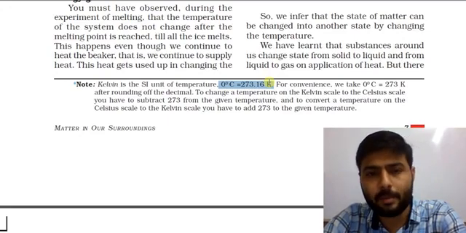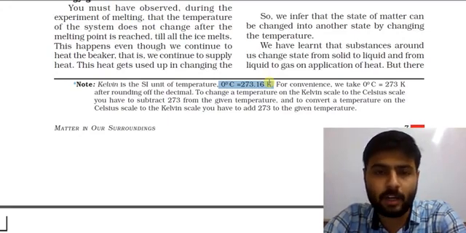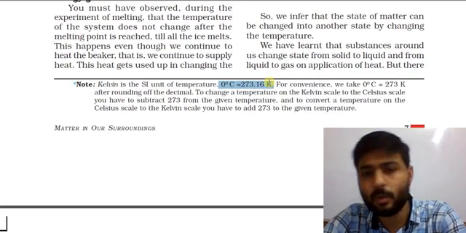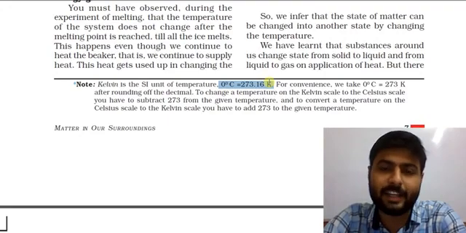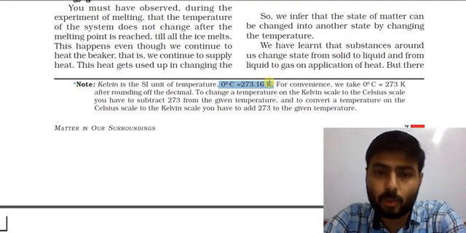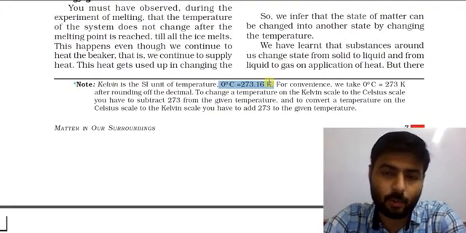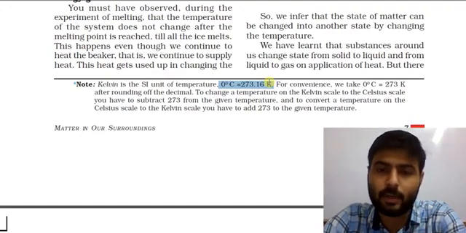I hope you remember that if I want to convert degree centigrade into Kelvin, what I need to do? I need to add 273 to whatever the particular temperature in degree centigrade we have.